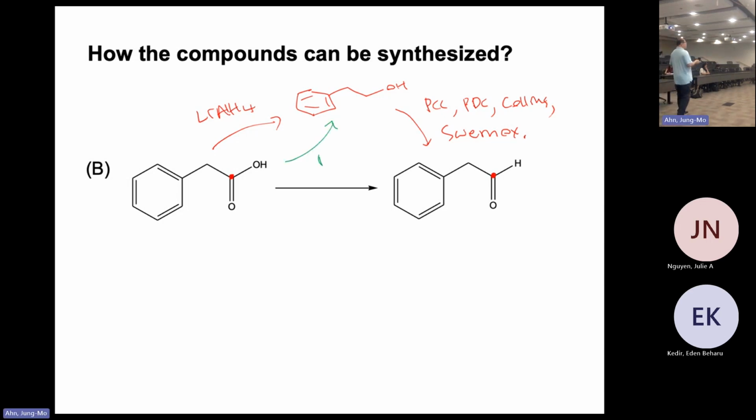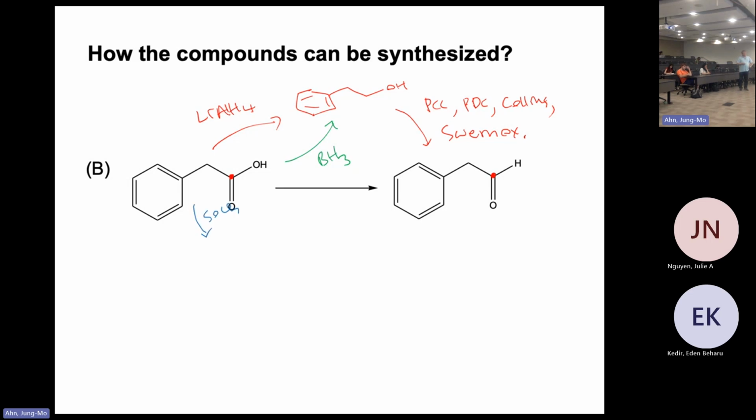The second way is, the reduction can be done by borane too, just in case there's some reason for borane. It's really selective, reducing the carboxylic acid to the primary alcohol, even though the molecule may have other functional groups such as a ketone or alcohol. So that's one way.